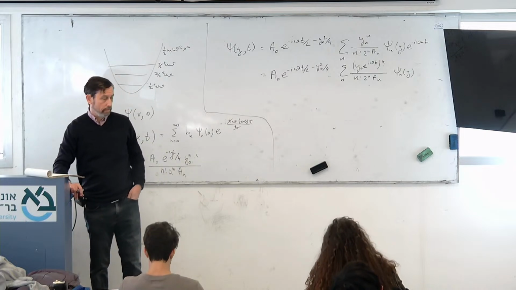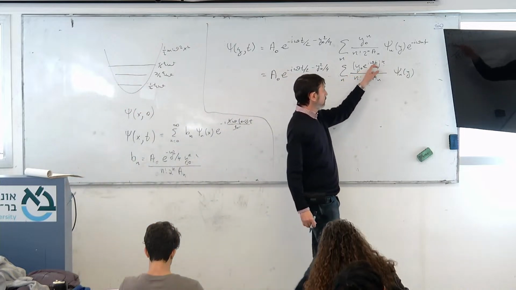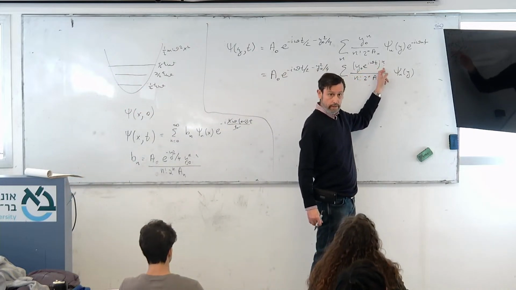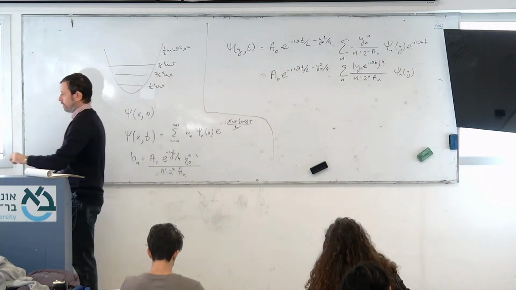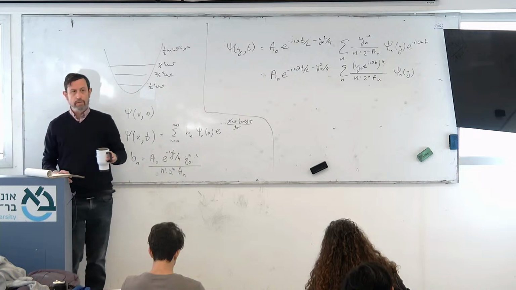Just in the power of n, it's e to the i omega nt. Looks quite innocent, but actually here we solve the summation.